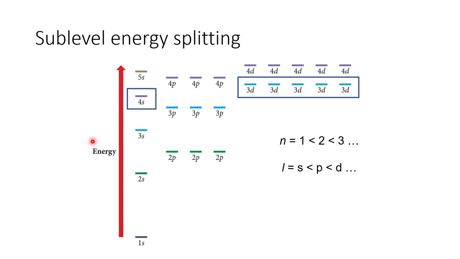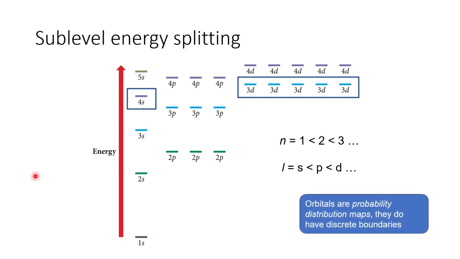So something to notice here is that our 4s and our 3d orbitals are not in the order that you might think energy-wise. So our 4s orbital is actually lower energy than 3d. And this works because these are actually distribution maps. They don't have discrete boundaries, which means that when we say an electron is in the 4s orbital, what that means is it has a space in which the electron might be.